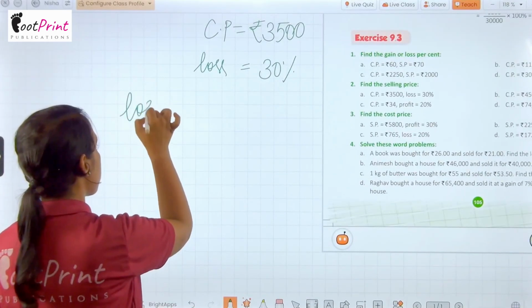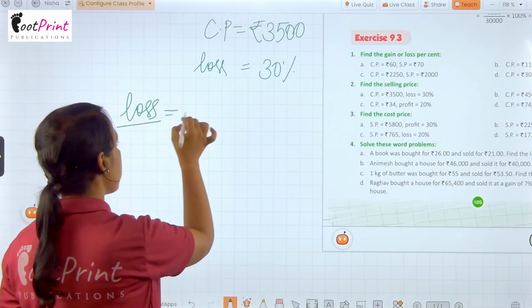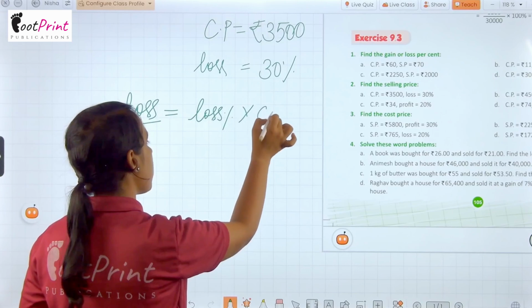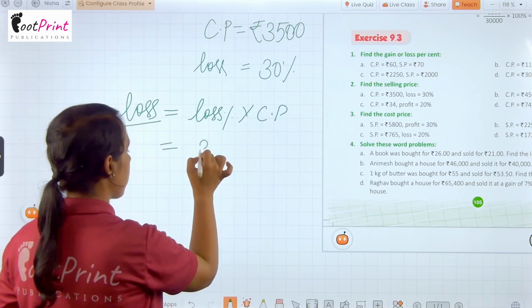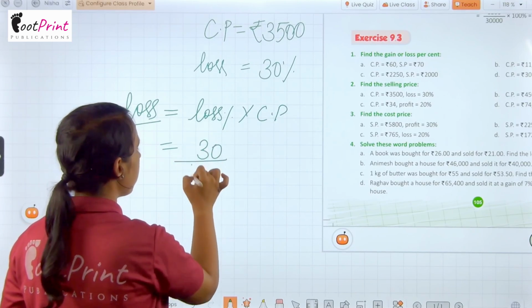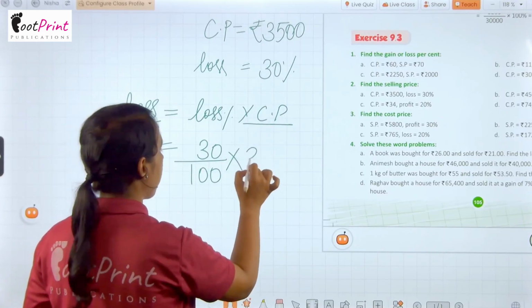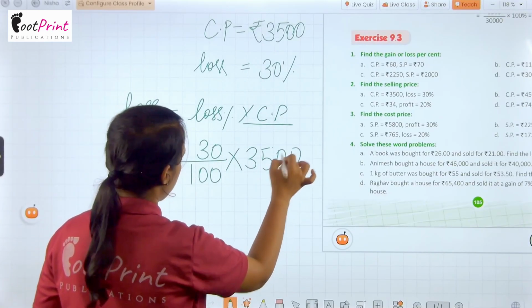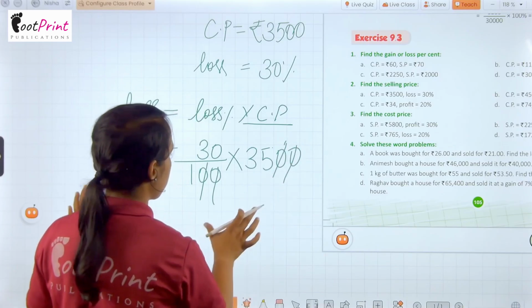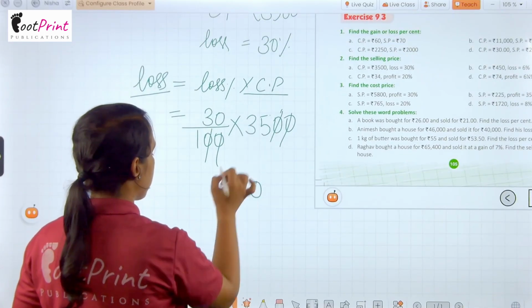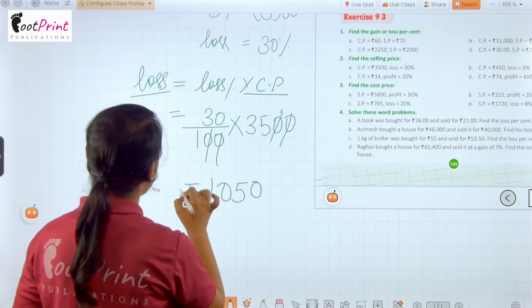The loss that will be find out loss percent multiply by CP. So loss is 30 upon 100 into CP is 3,500. Okay, cut it by 2 zeros.